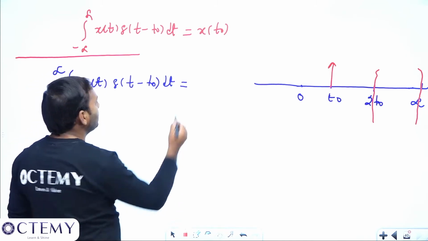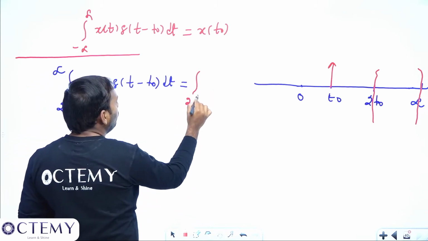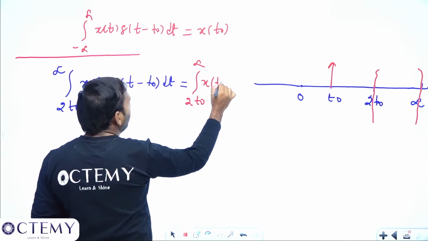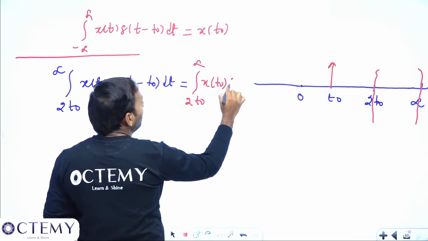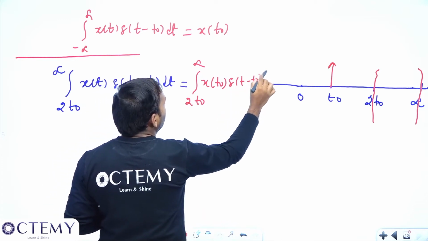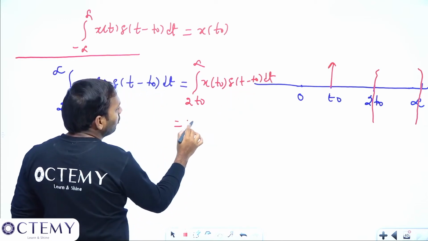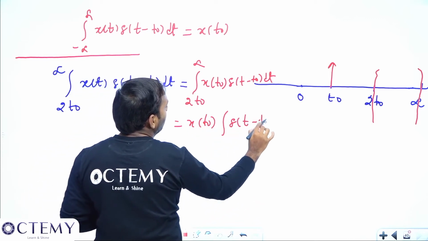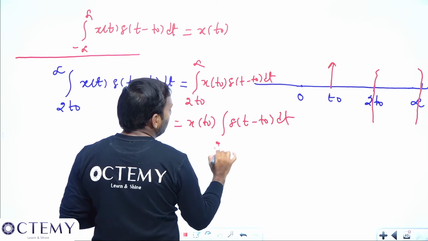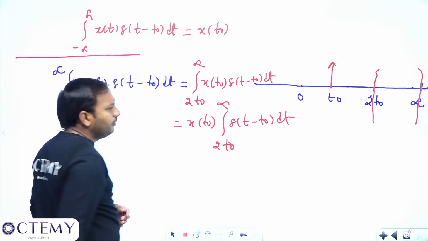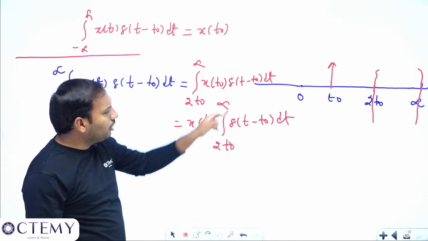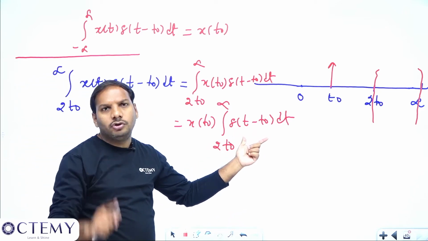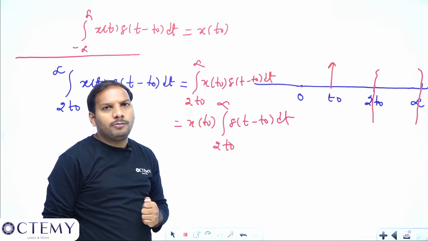Similarly, here you can write the integral from 2t0 to infinity. You can take out x(t0), no issues, leaving delta(t minus t0) dt. But this is not from minus infinity to plus infinity. The integration is from 2t0 to infinity. So the area under the impulse is not always unity.